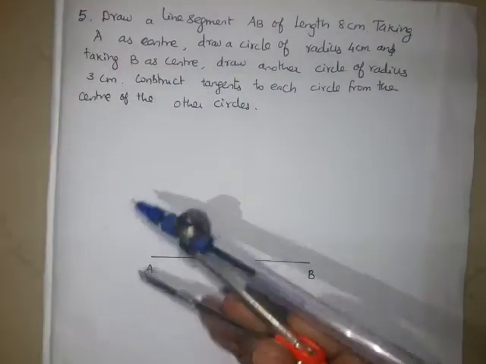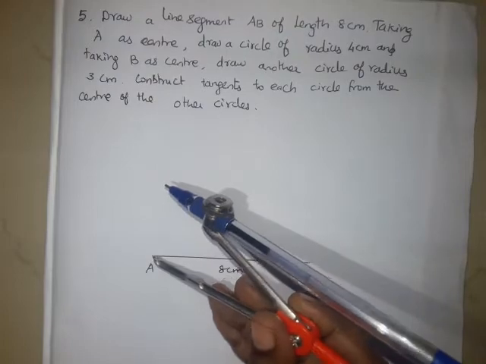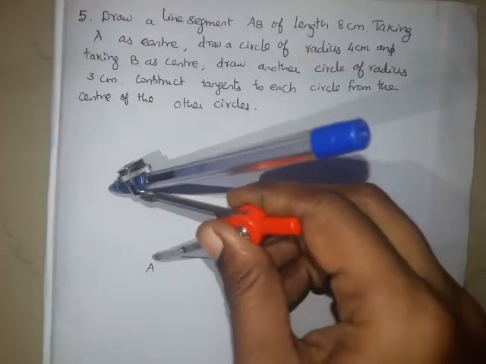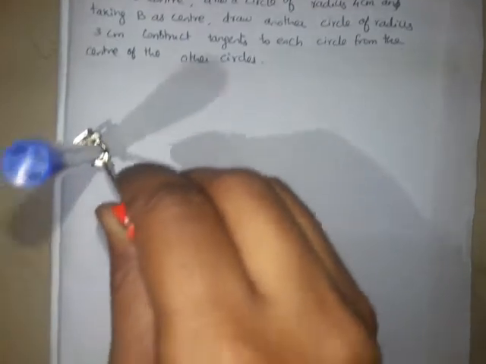Taking A as a center, draw a circle of radius 4 centimeter.